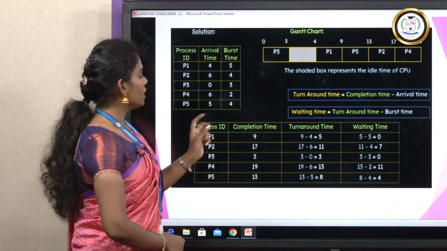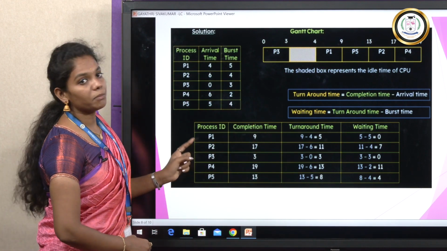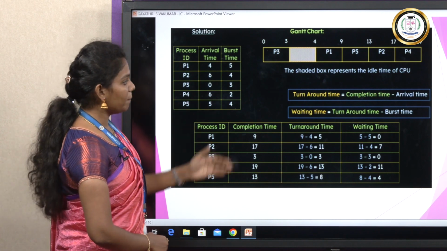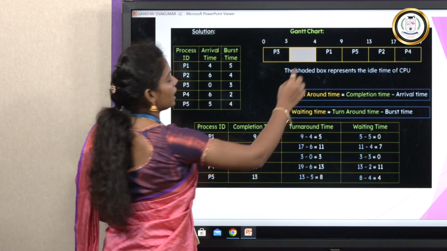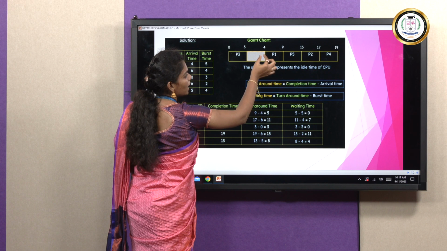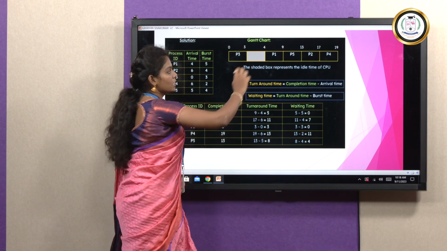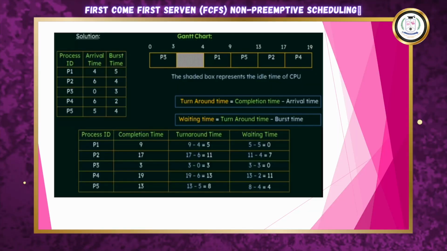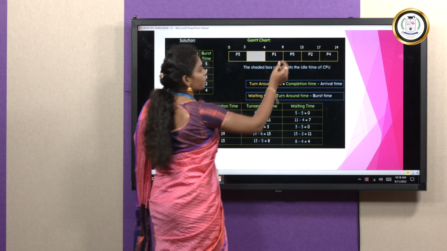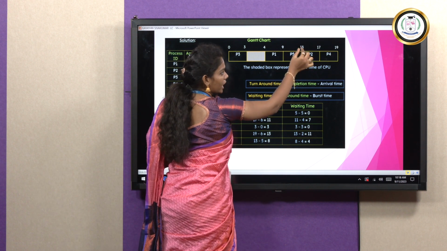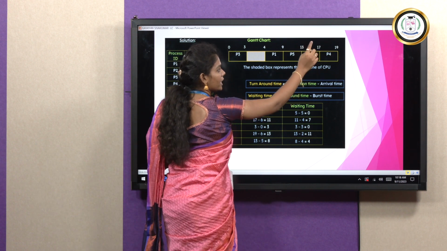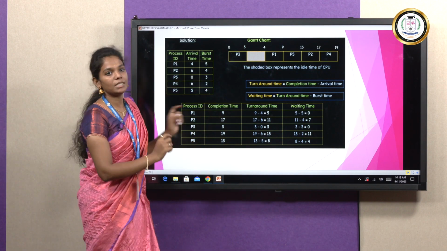Look here, the process IDs are P1, P2, P3, P4, P5. The completion time of P1: it starts at 4 and ends at 9, so its completion time is 9. For P2, it starts at 13 and completes at 17, so the completion time is 17.